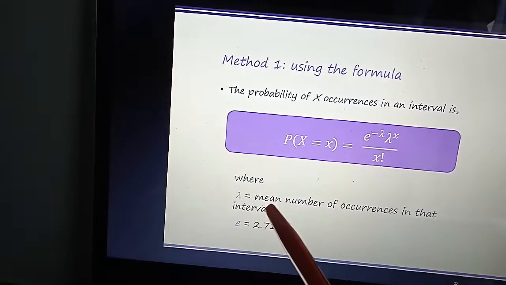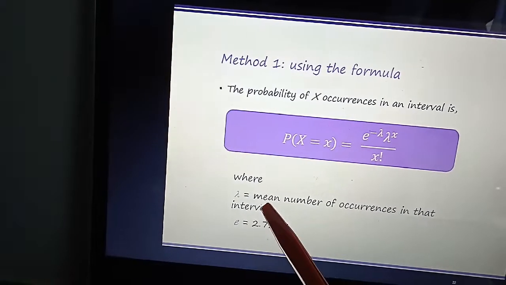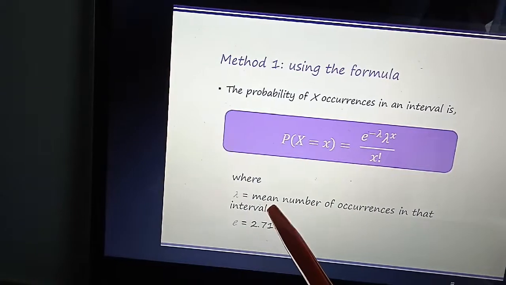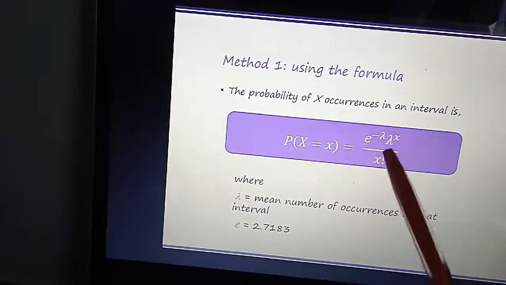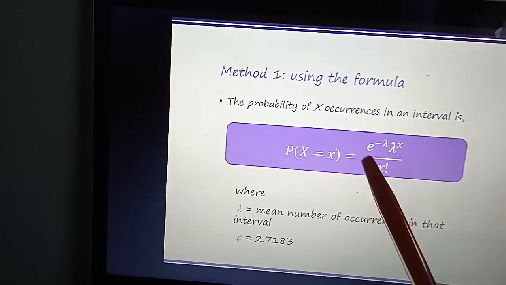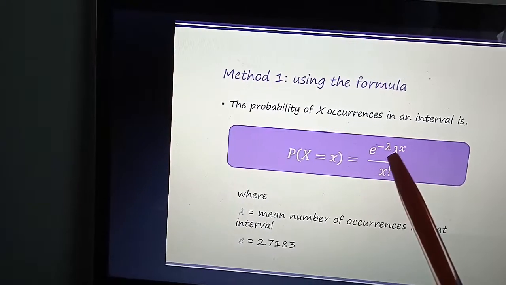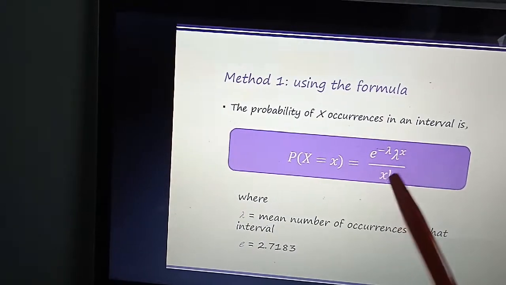Normally, lambda is a parameter given for any sampling. Again, e power negative lambda times lambda power x over x factorial.